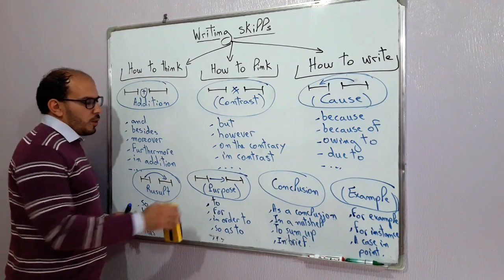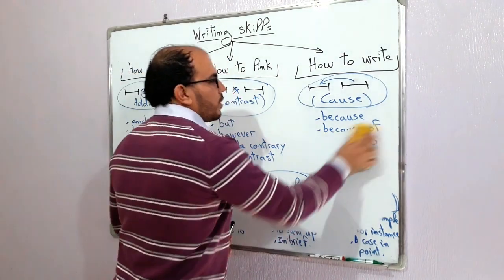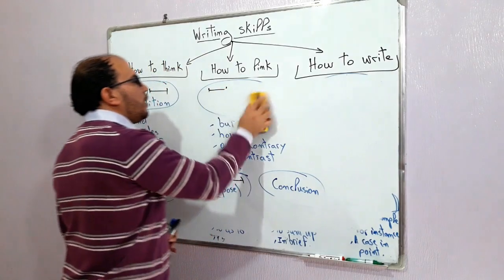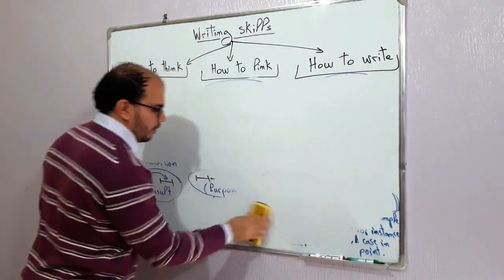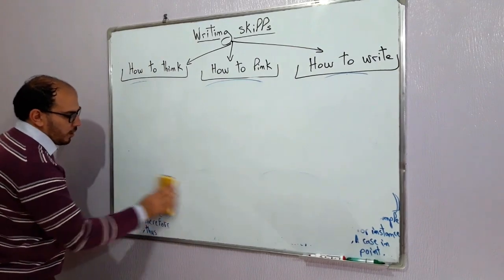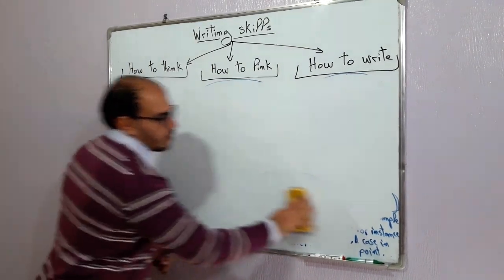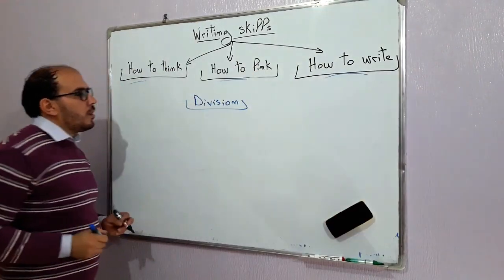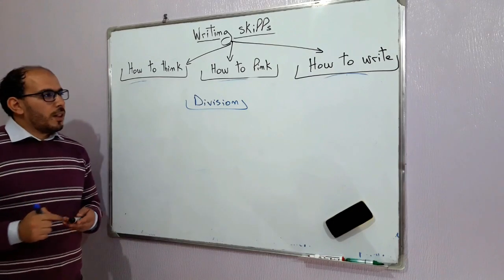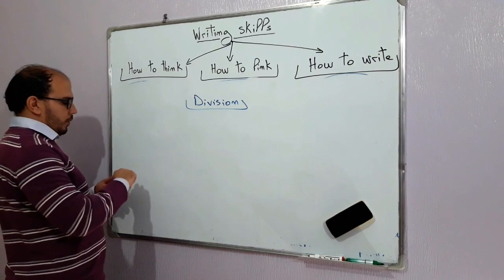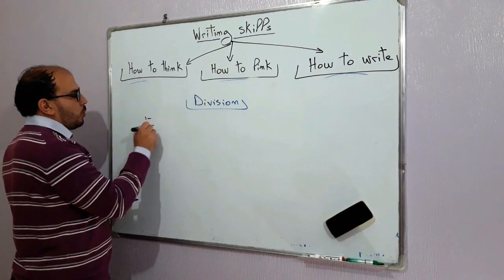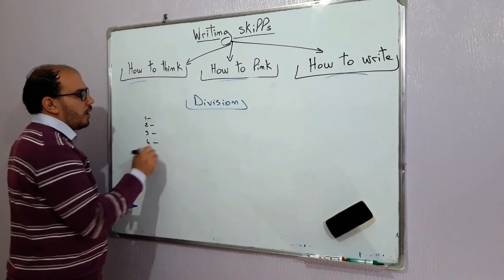There is something else which is also important when we speak about linking words. That is division. Division means how can I organize my ideas. Suppose that I have, for example, number 1, number 2, number 3, 4, and so on.